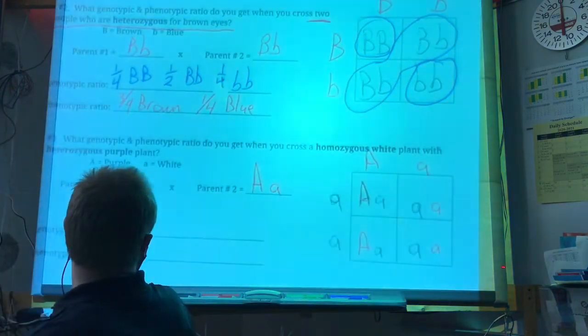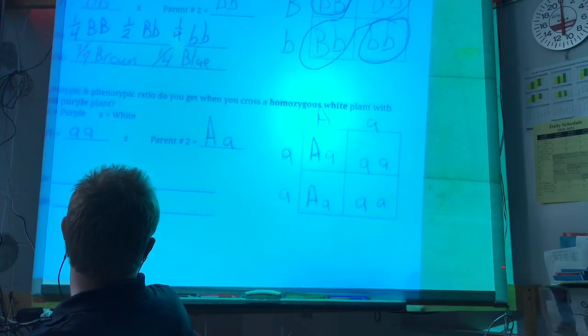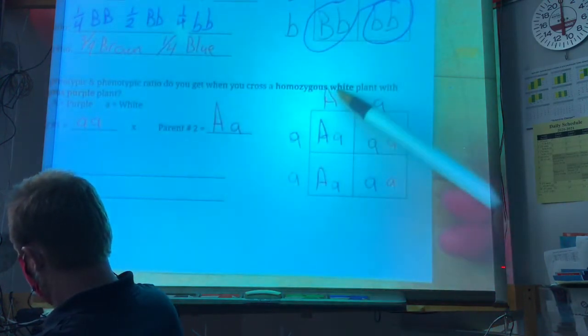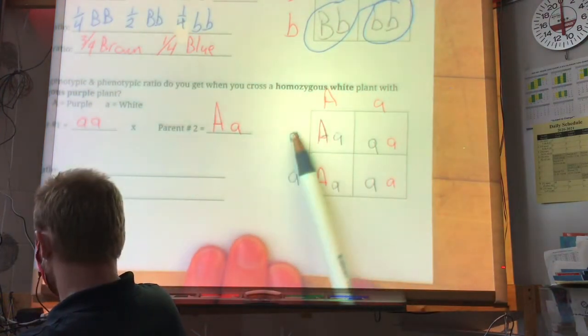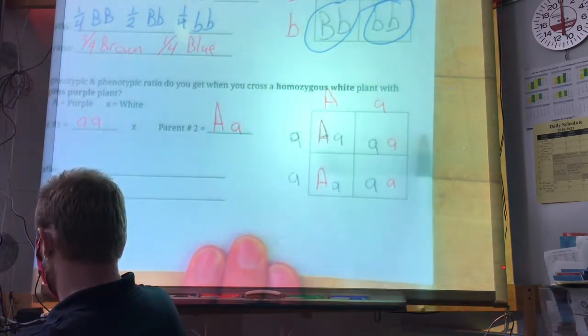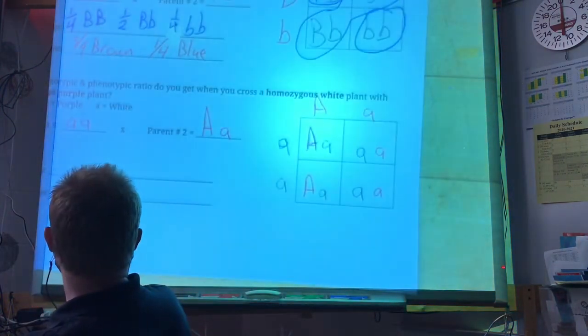So my Punnett square looks something like that. Because I put my big A here, my big A's are in this first column. Now, if you were to put your big A here, just realize your 2 big A's would be in this row, but outcomes end up being the same.